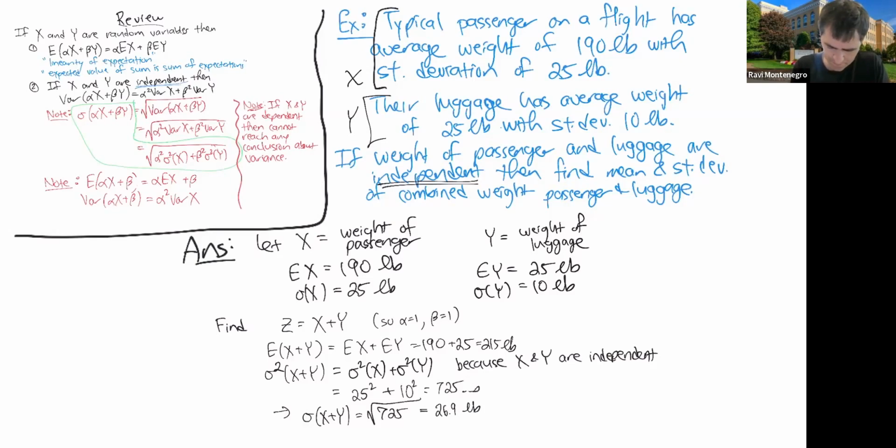If we wanted to write units along the way, technically the units of the variance are pounds squared, but that's a little bit confusing. So the average weight of a passenger and their luggage would be 215, and the standard deviation would be about 27 pounds.